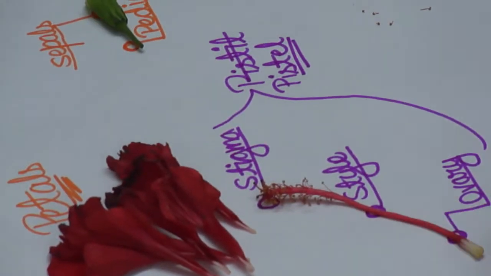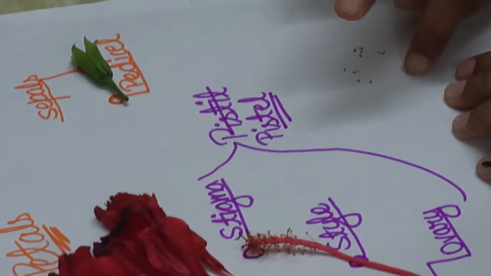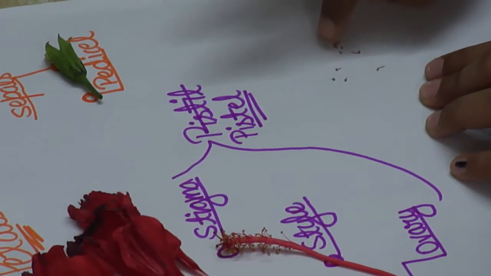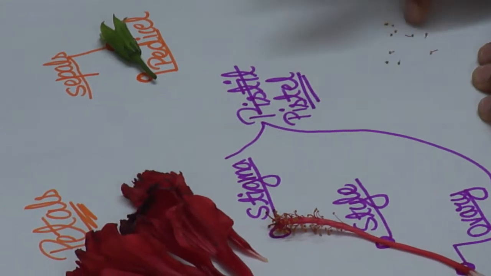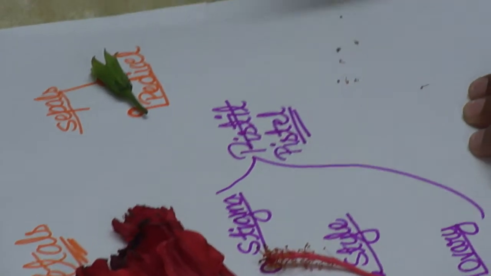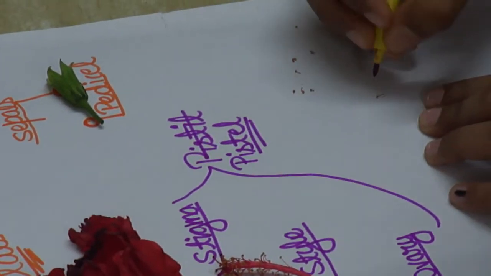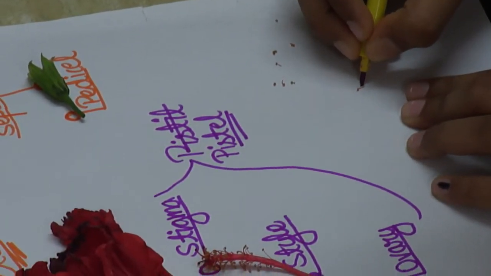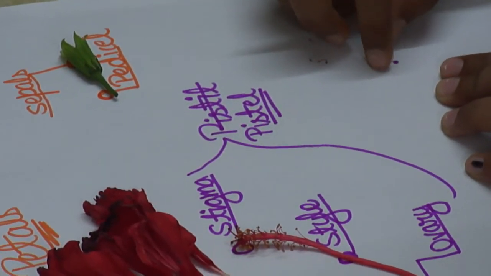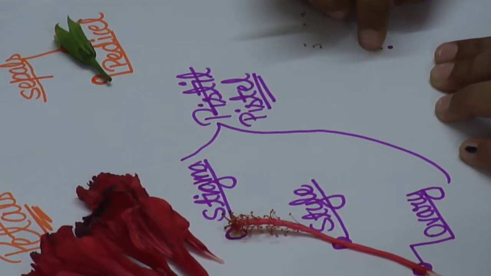Now, can you see these small things right here? These are, let me collect them up here. So let's name first one of them. They are very small. Can you see that out? This and this. So let me place it out here.